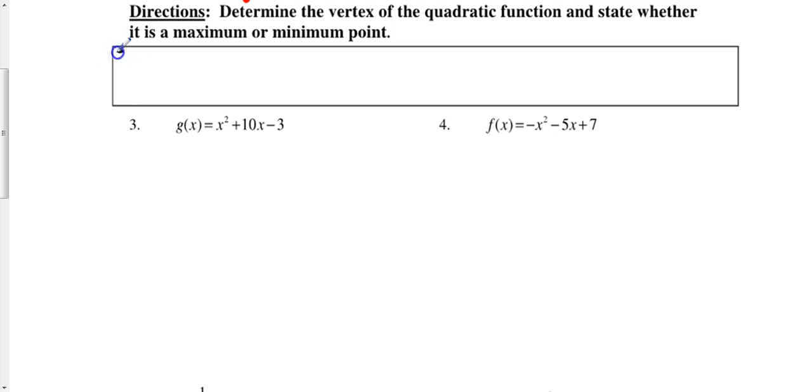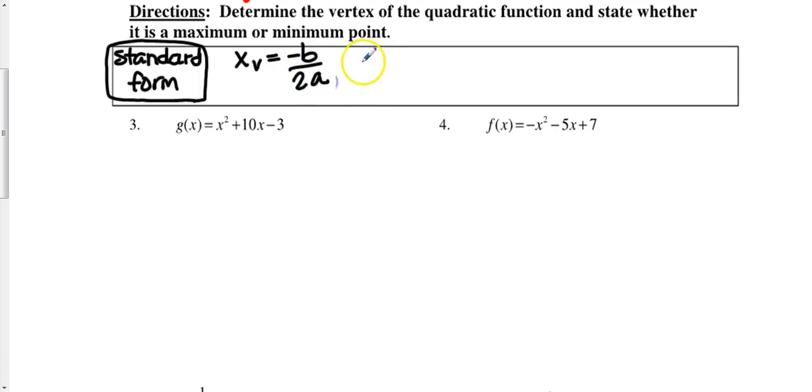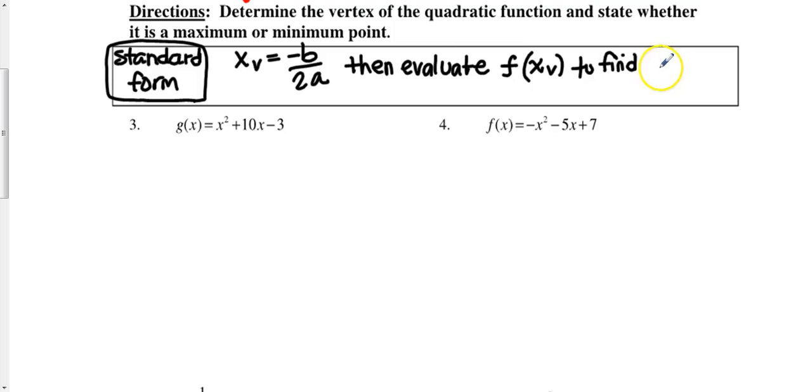So for standard form, we are going to calculate the x value of the vertex by calculating negative b divided by 2a. Then evaluate f of that value to find the y value of the vertex.